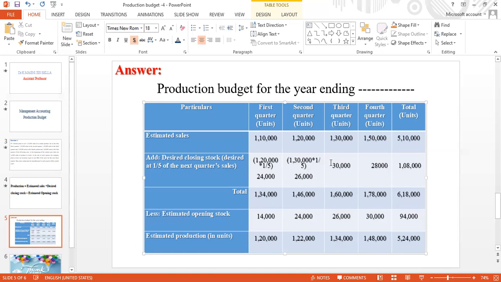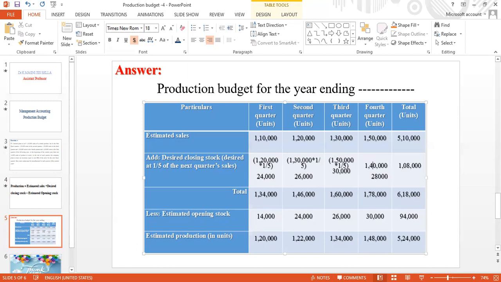For here, 1,50,000 into 1/5, right? When you are solving it, you will get 30,000.